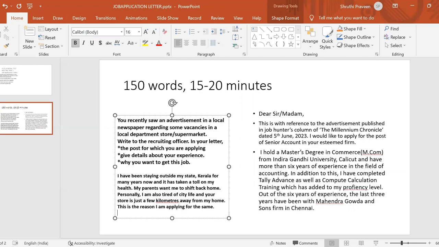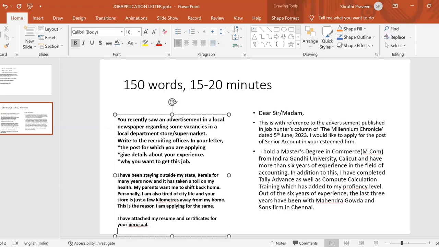So that is the end of your third paragraph. And just the last line you can include, I have attached my resume and certificates for your perusal, meaning your verification. This is a standard sentence in your job application letter.